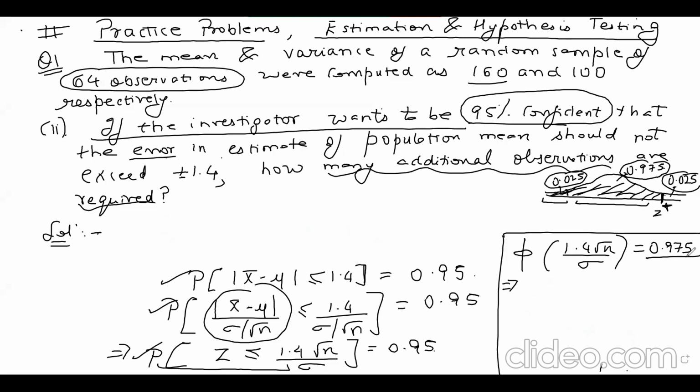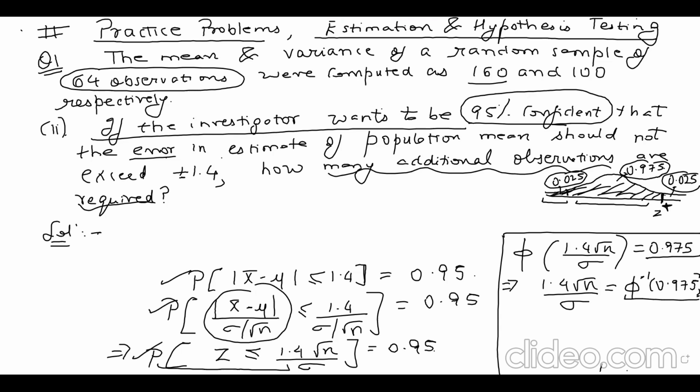Because it's a two-tailed test. So 1.4 square root of n over sigma I can write as phi inverse of 0.975.